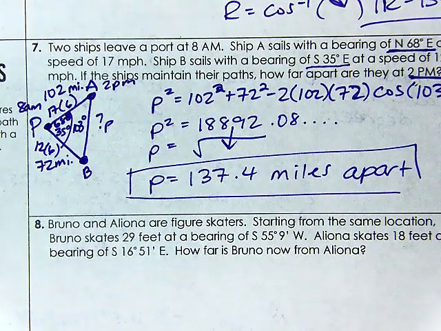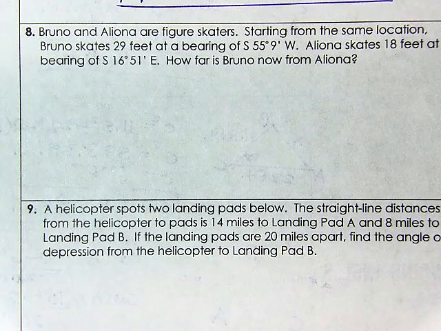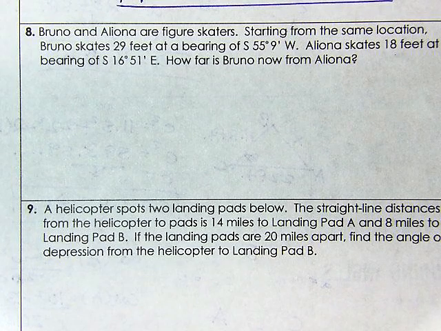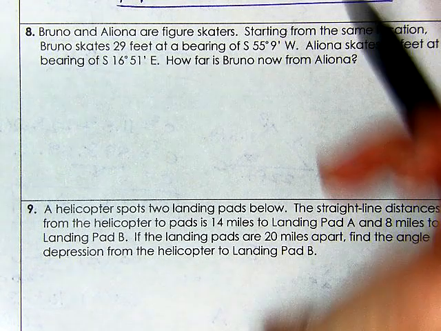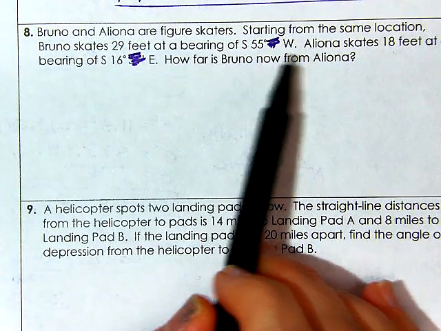All right, let's look at the next one. It says, Bruno and Eliana are figure skaters. Starting from the same location, Bruno skates 29 feet at a bearing of south 55, and we're going to cross this off. So 55 degrees west.